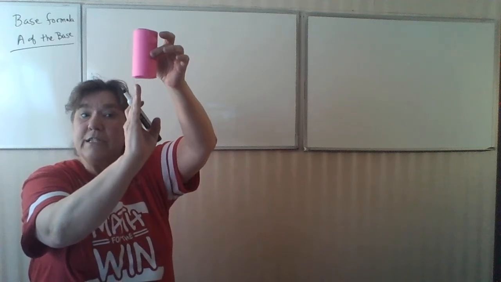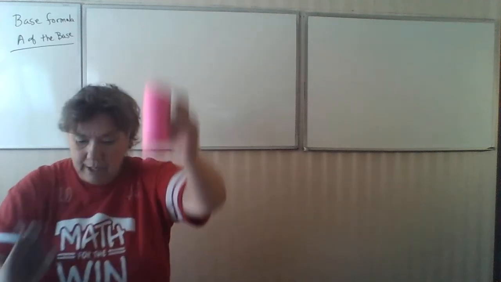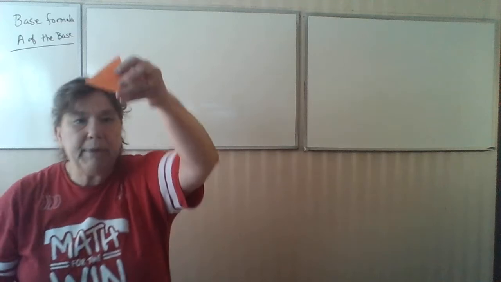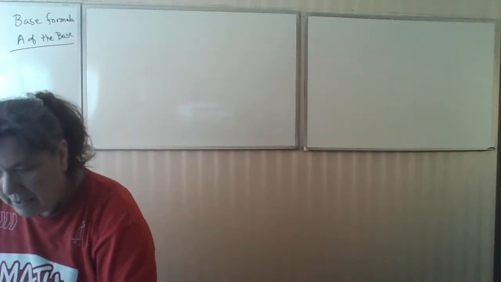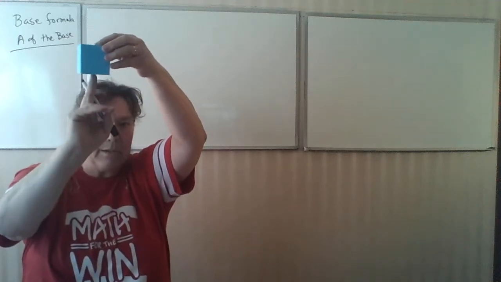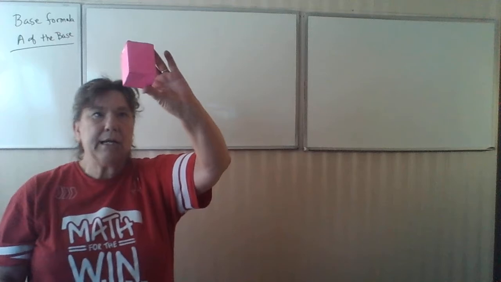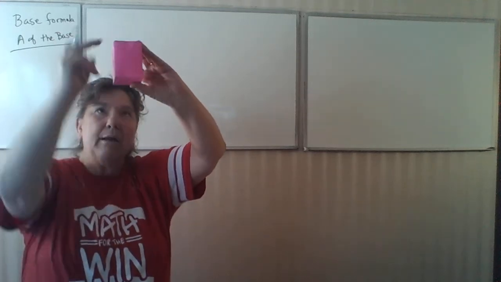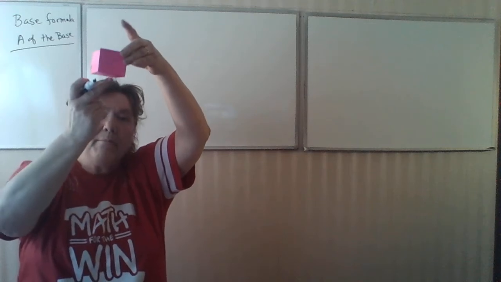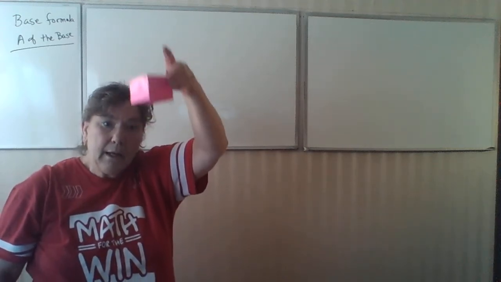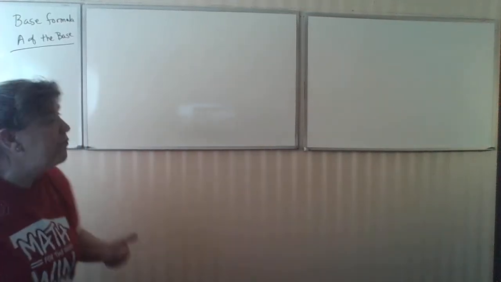If it is a pyramid, in this case it's the triangle on the bottom. If it's the cube, it's my square on the bottom. If it's my rectangular prism, it's my rectangle on the bottom, whatever I decide the bottom is. That becomes my base.